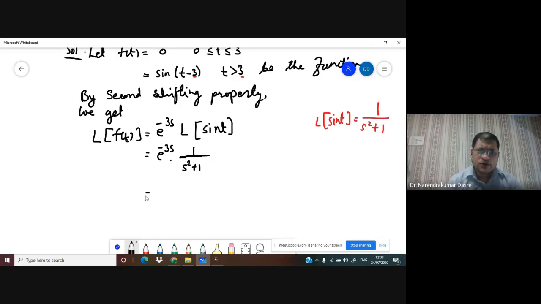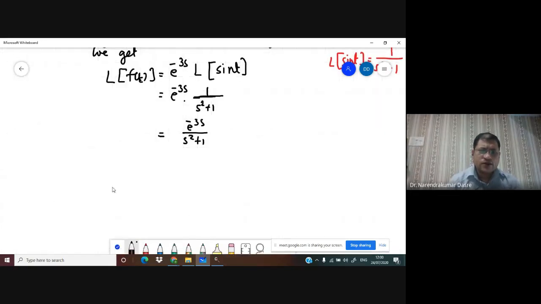So that's what you can have. This is going to be e raised to minus 3s upon s square plus 1. So we get the Laplace transform of f of t is equal to e raised to minus 3s upon s square plus 1.